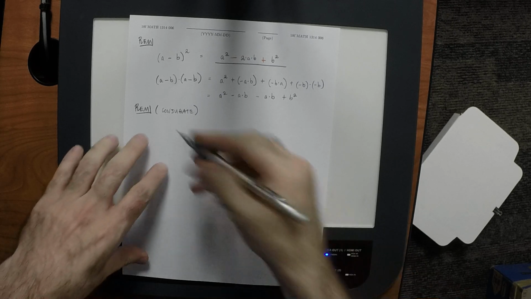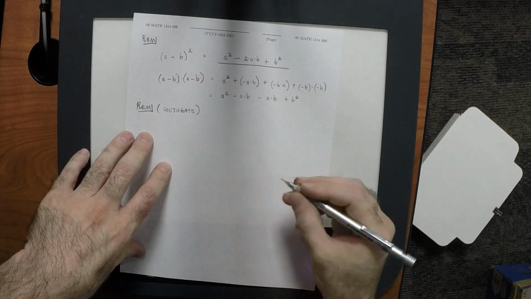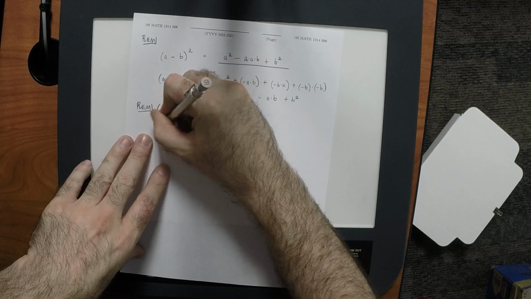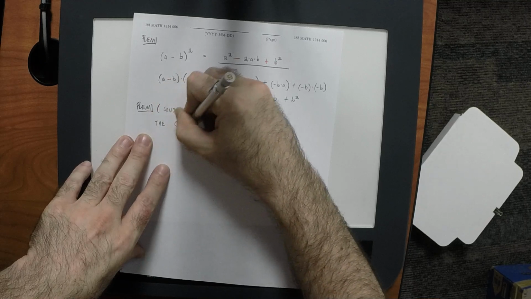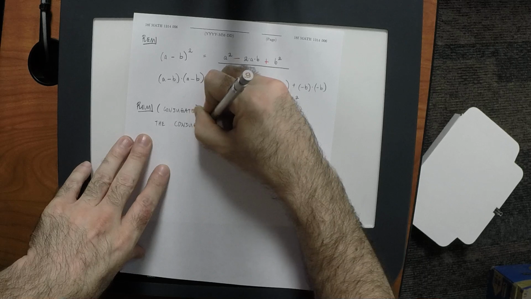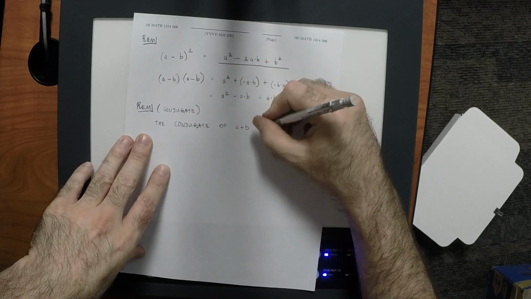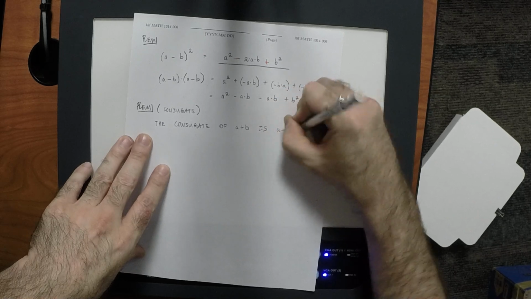Now in math, for reasons that aren't entirely clear, the conjugate of a plus b is a minus b.